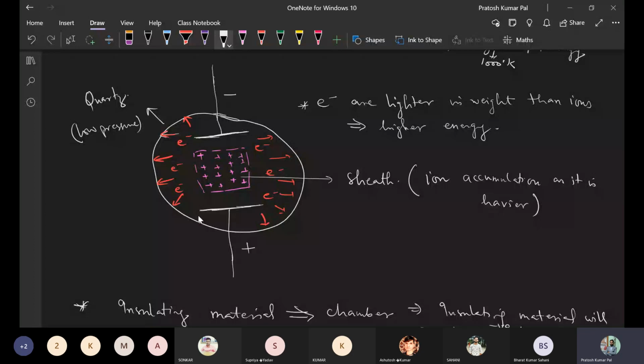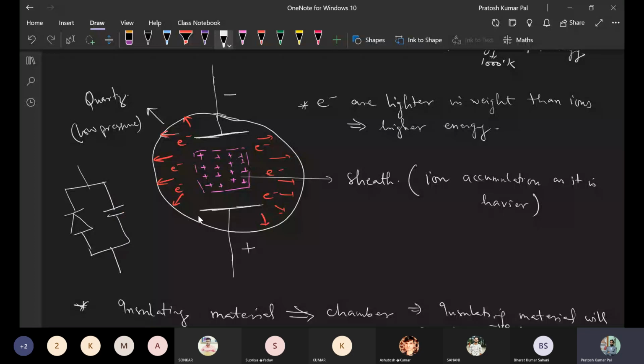One time it behaves like a diode, and in another case like a capacitor. This is the equivalent circuit that we can implement for this dry etching setup.